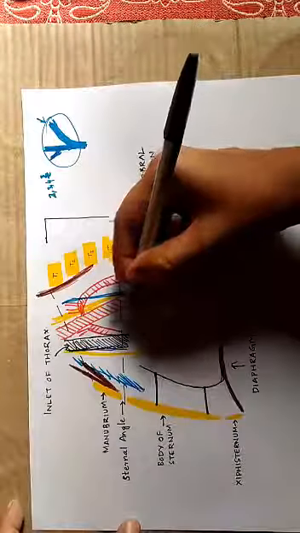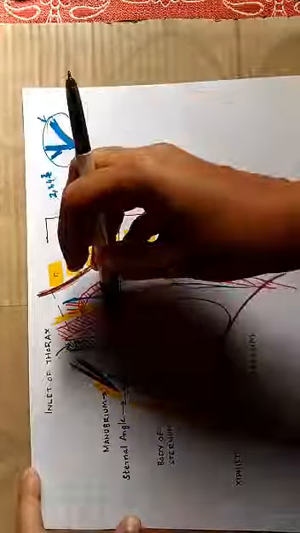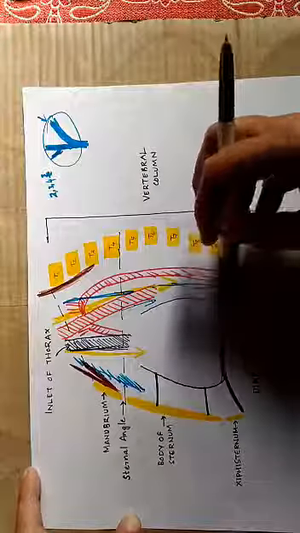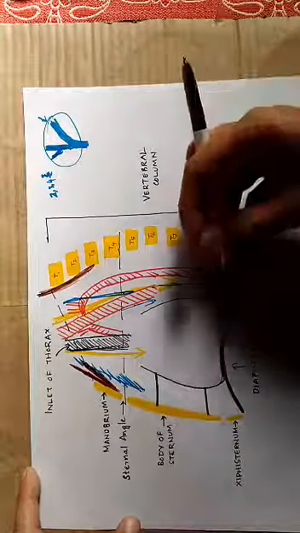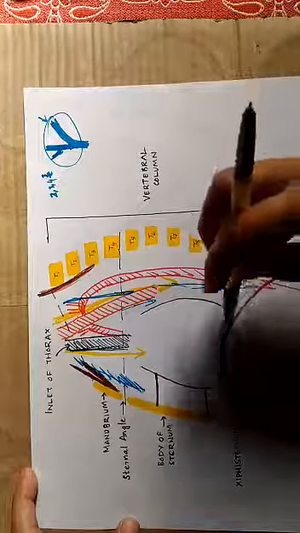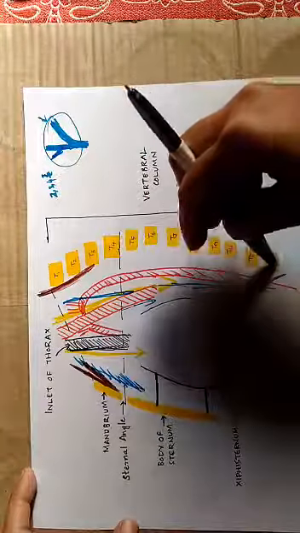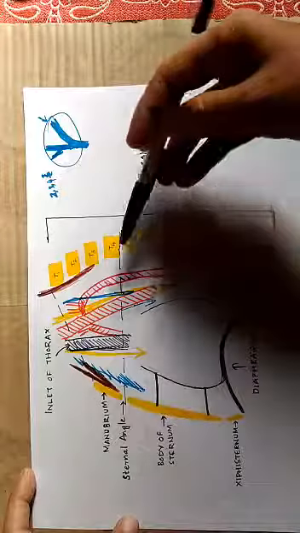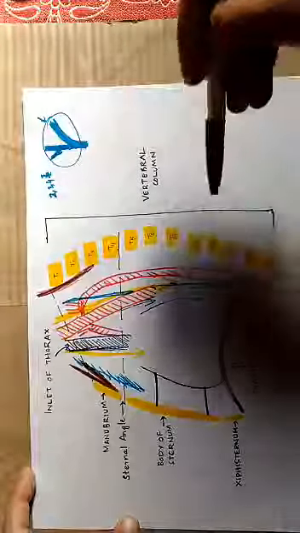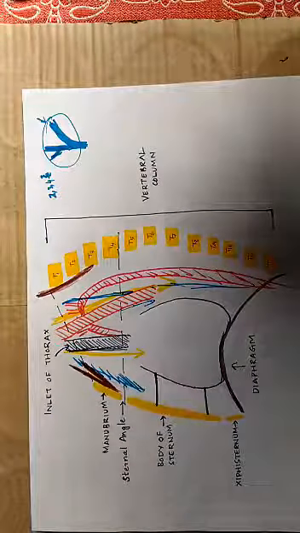So this whole part forms the anterior boundary, and posteriorly the lower 8 thoracic vertebrae, and on each side the mediastinal pleura.